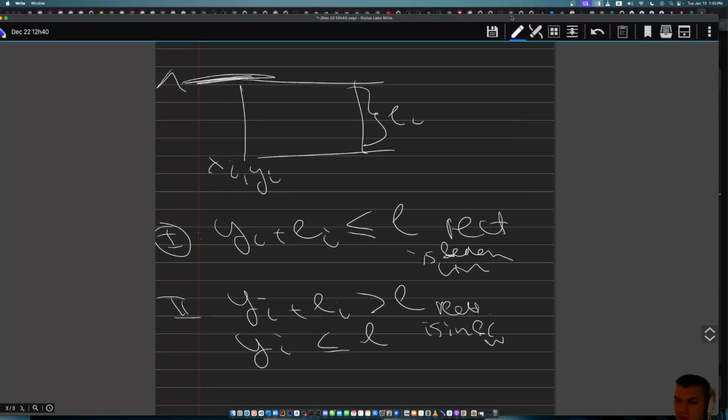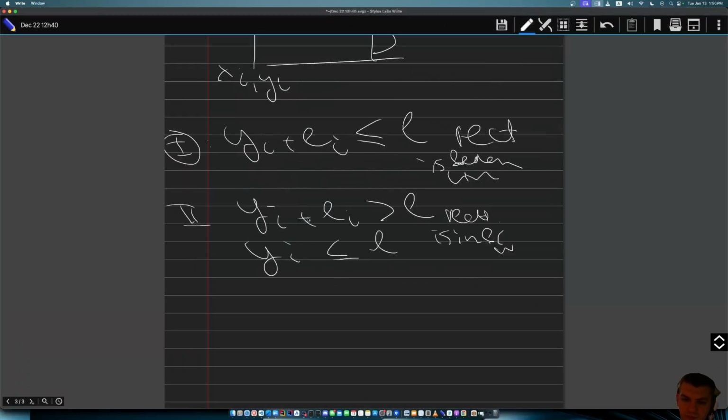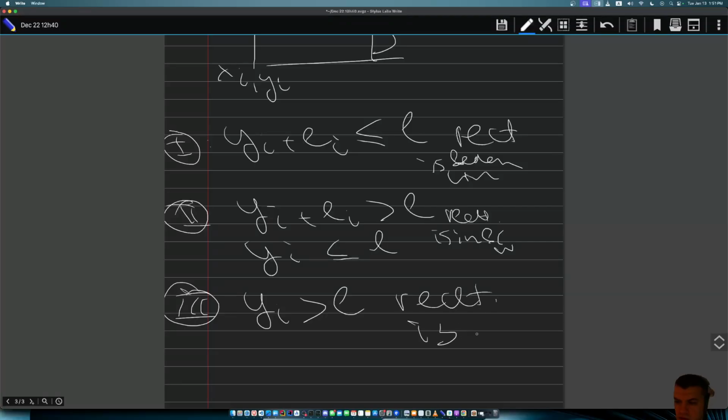And the third case is gonna be the following: yi is greater than L. This rectangle is above the line. So now it's pretty much clear.